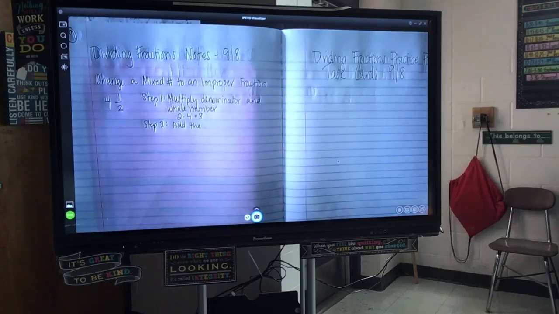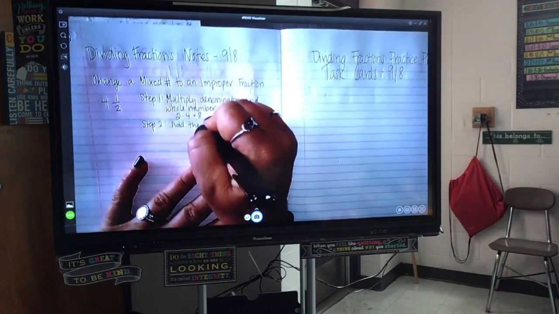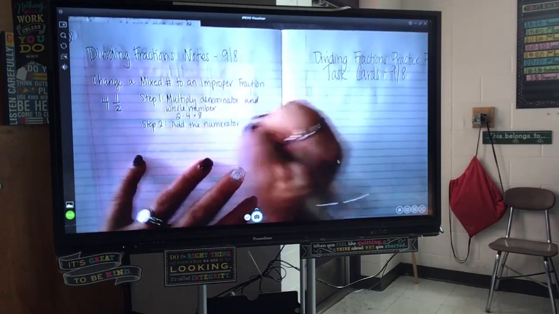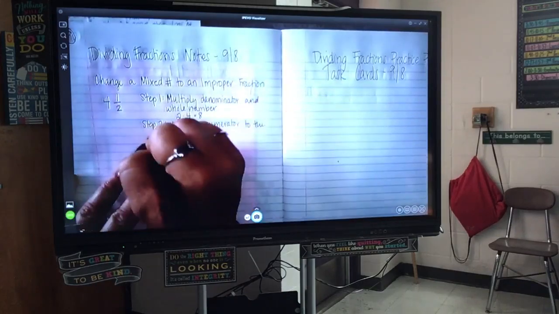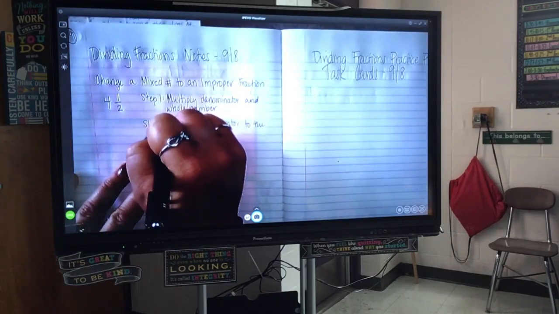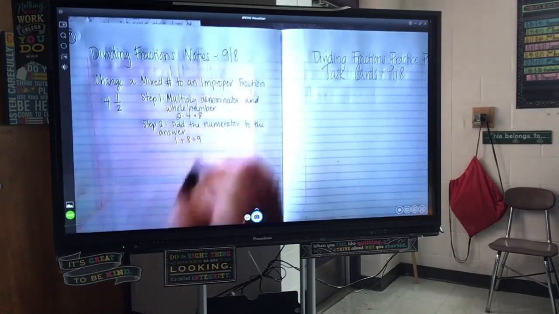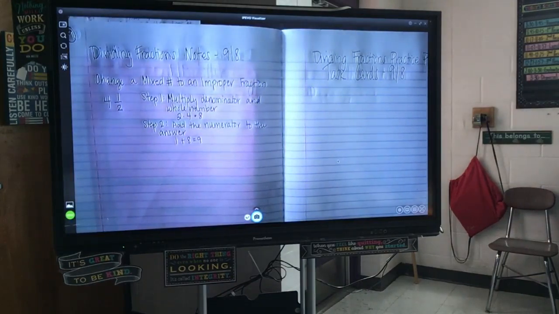I know that some of you might understand and know how to do this, but not everybody in here does. So therefore, we can't skip steps. So yes, we multiply our denominator and our whole number. Then we do what with our answer and our numerator? Add the numerator to the 8, the denominator and whole number that you multiplied. Okay, so then we're gonna do 1 plus 8, which gives us 9.